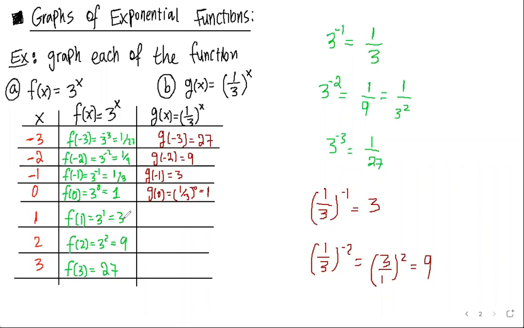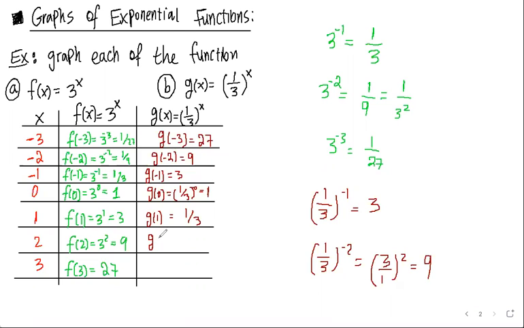So look, 1, 3, 9, 27 in the green line, 1, 3, 9, 27 in the brown color, this color. The same things for the 1, 2, 3 here. So g of 1 is the same as f of -1, which is 1/3.